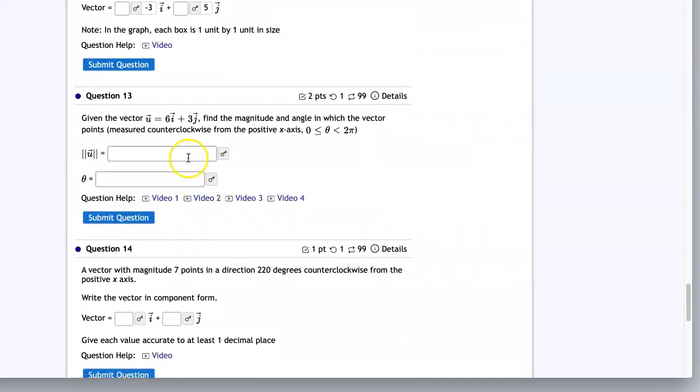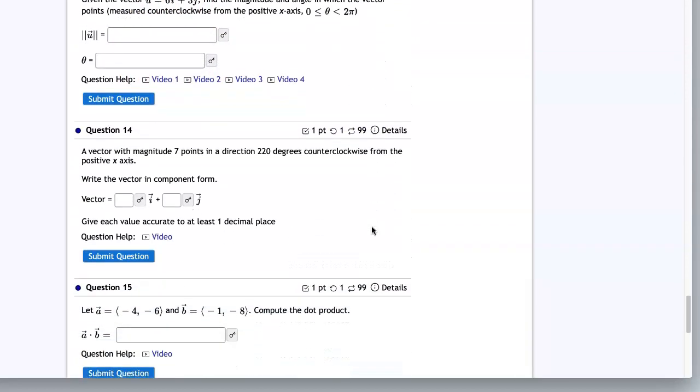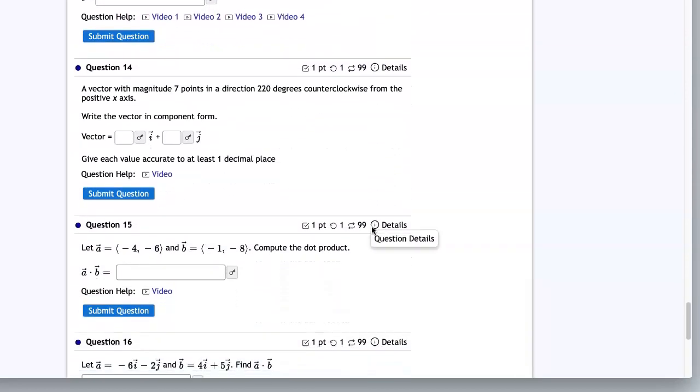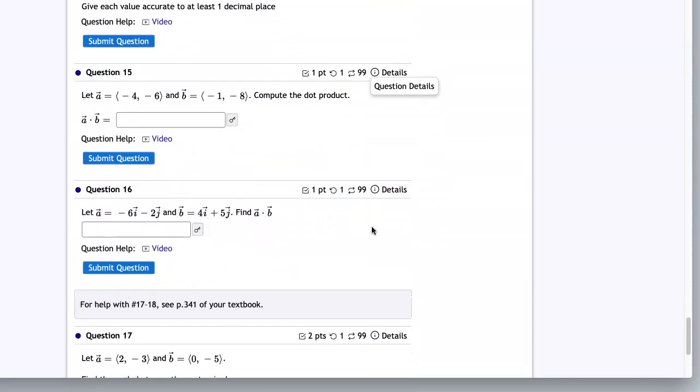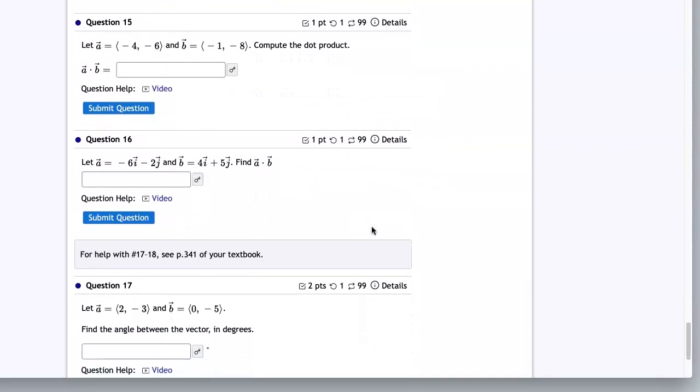Okay, so I'm going to let you do question 13 on your own, figure that out, or watch one of these videos. Same thing with question 14. Now when we get to question 15, I will talk to you now about what is the dot product.